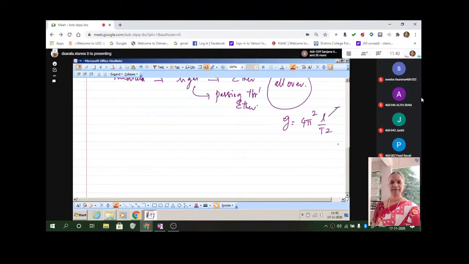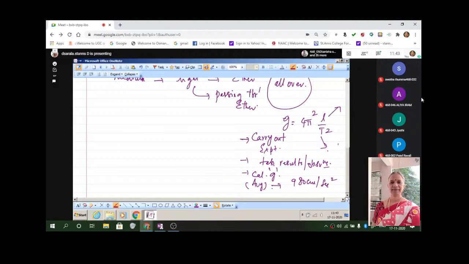You change the length, you get different time periods. You carry out this experiment a number of times, tabulate your observations, calculate the g value, and find the average g value, and it should be close to 980 centimeter per second square.